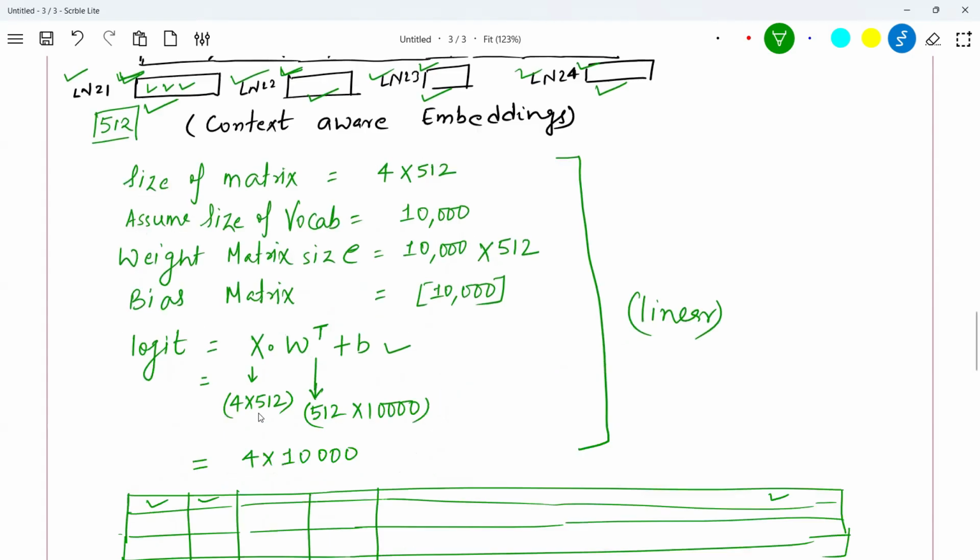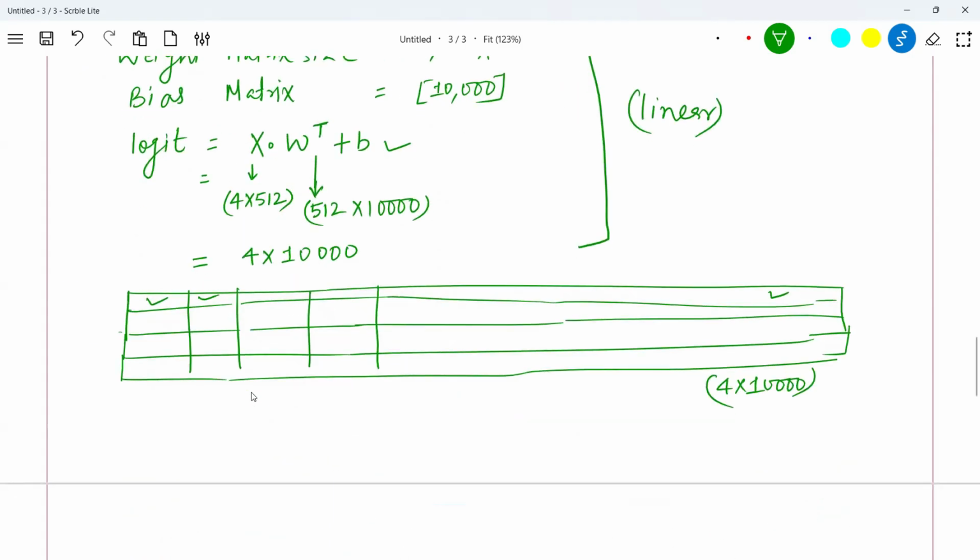For all these 4 things, you will have 10,000 numbers in front of you. This is your second last step, but this is still not probabilities.